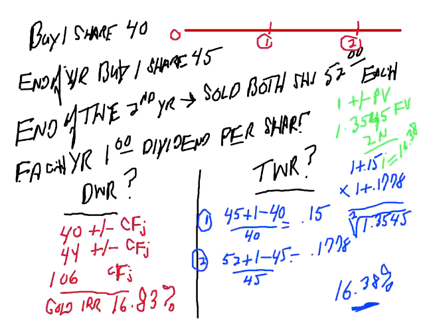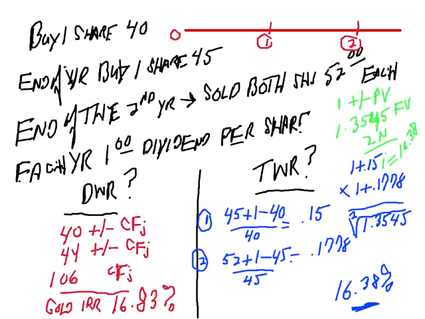You had to do a holding period return for the 2 time periods. Bought a stock for 40 in the first time period, got a $1 dividend, and it was worth 45 at the end of the first year. So you come up with a 15% return for the first year. Second year, stock was worth 45 at the beginning of the year.